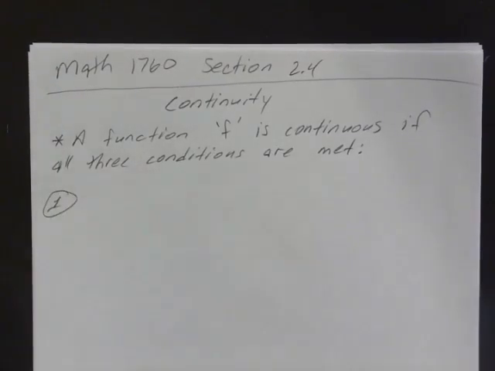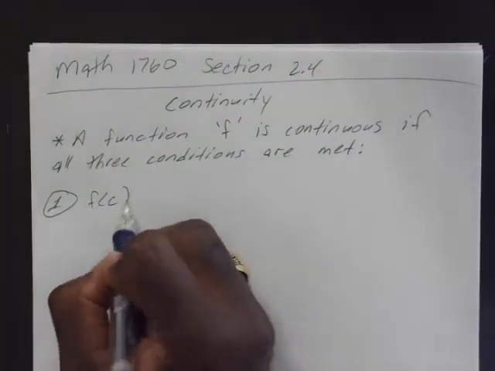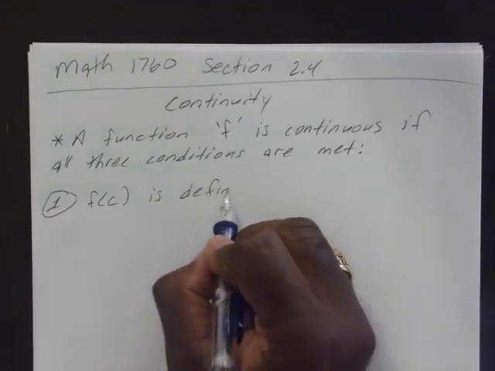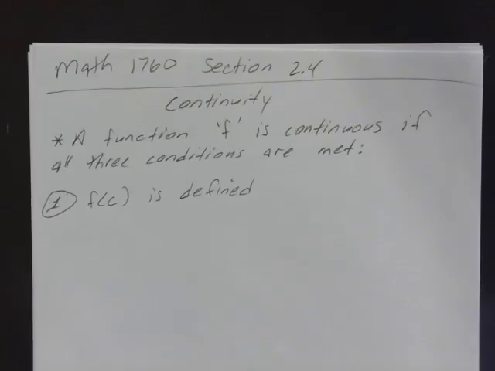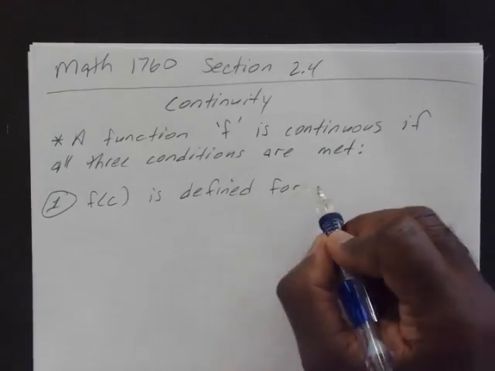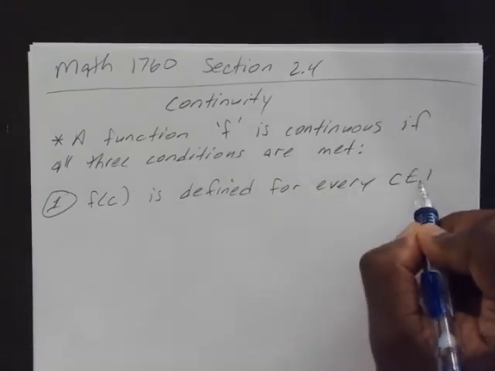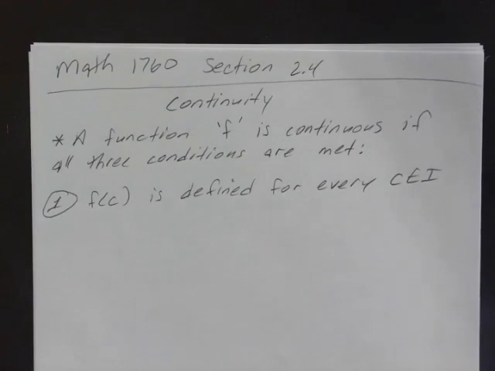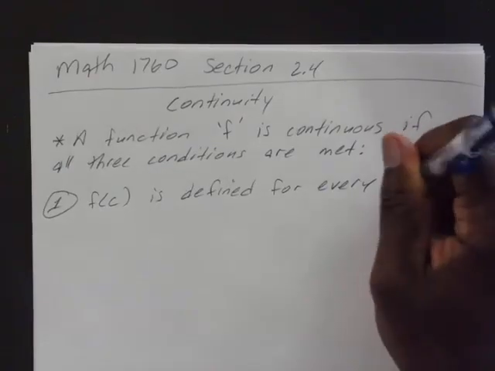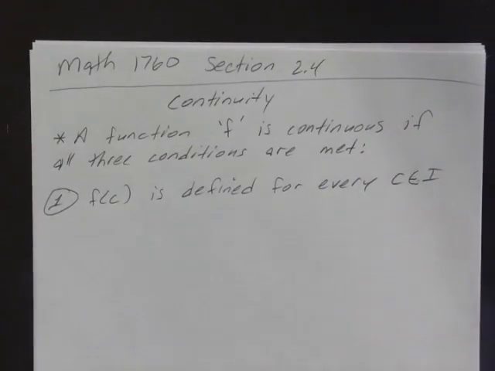The first condition is that f of c is defined for every c that is an element of your interval.